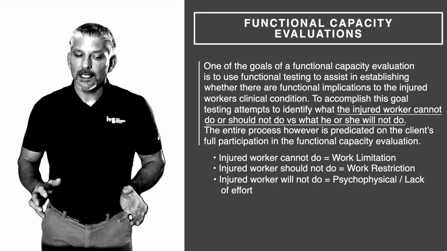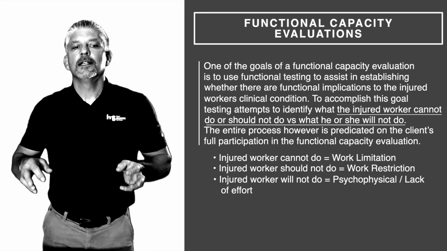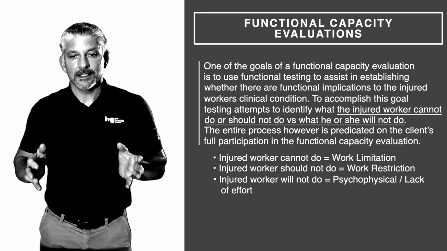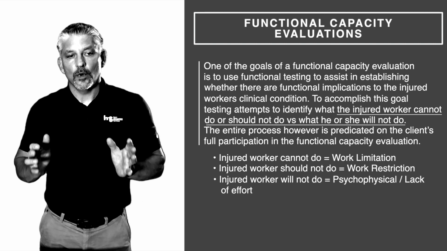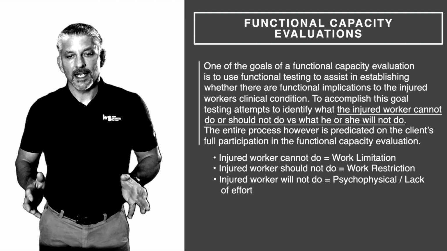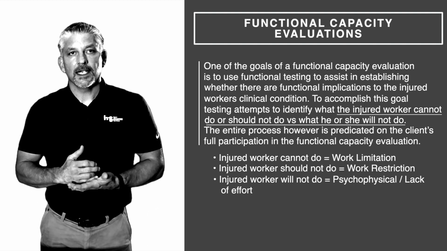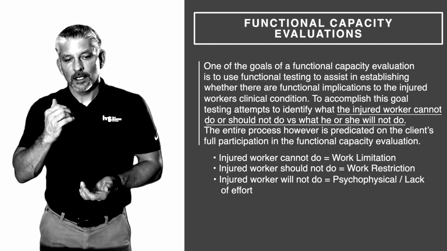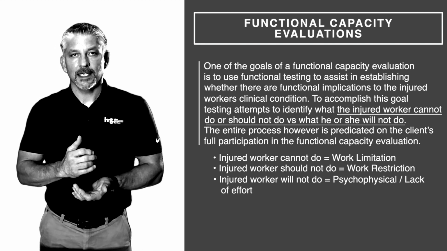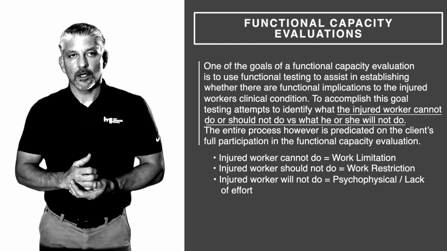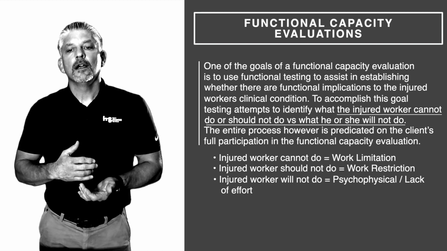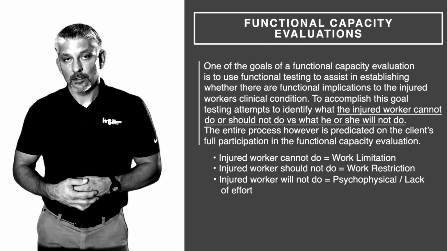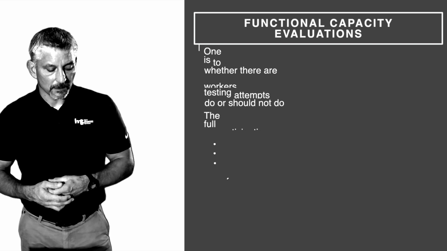And that FCE does not look at intent. All FCE does is document what the individual does on the day of testing. Everything is hinged upon that patient fully participating in the evaluation and giving their best effort during testing for the information to be useful for defining work restrictions, work limitations, return to work.